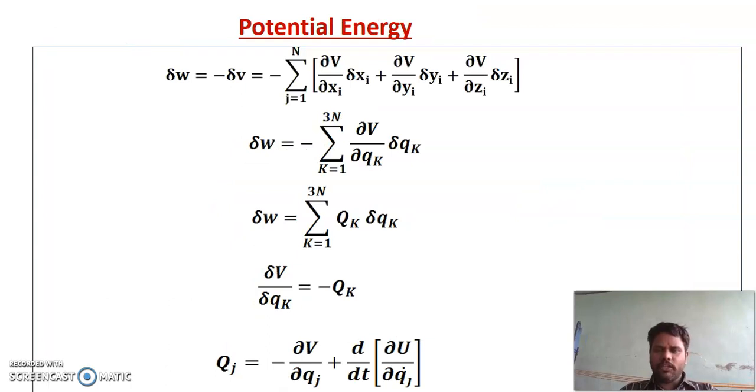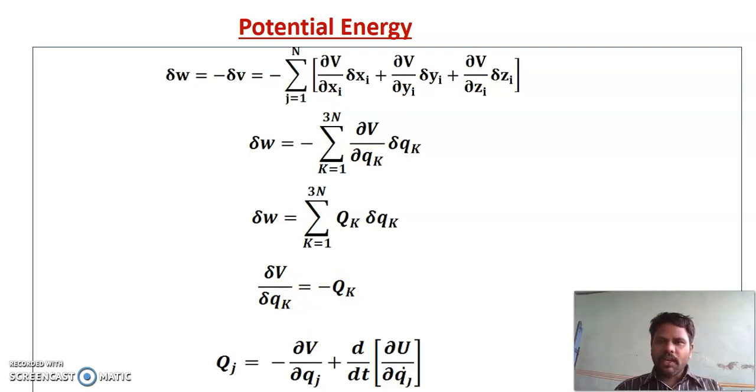Potential energy. If the potential of a system depends on position, then the expression is given by dou V by dou qk equals minus Qk.